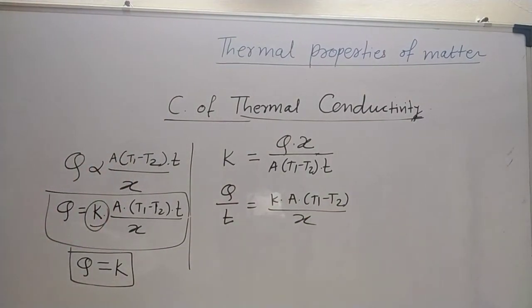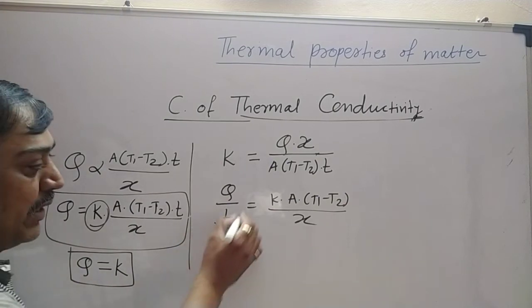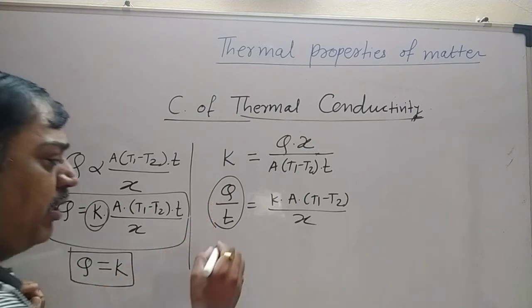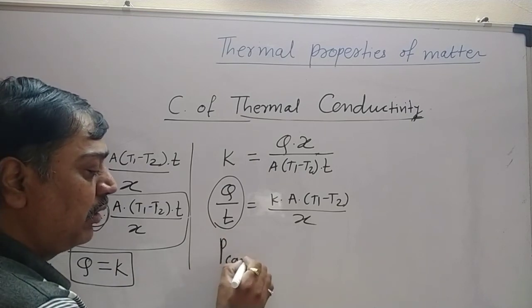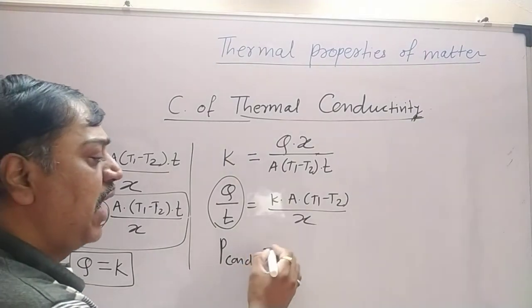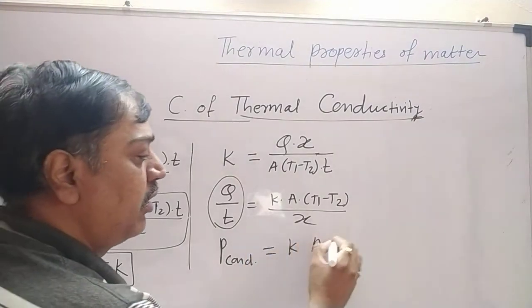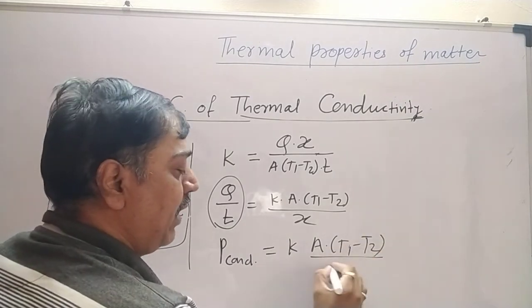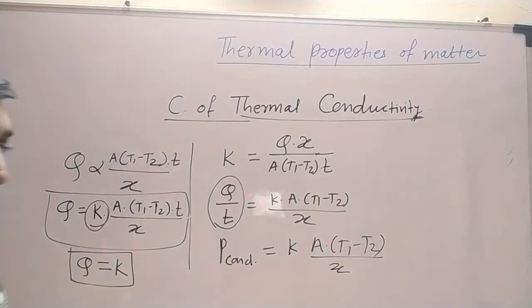Now in this equation, this term Q by t is represented by power conducted, per unit time. How much heat is transferred per unit time? The amount of heat transferred per unit time is said to be the power conducted, which is represented by P conducted, with subscript COND, and is equal to K A (T1 minus T2) divided by X. This much amount of power is conducted.